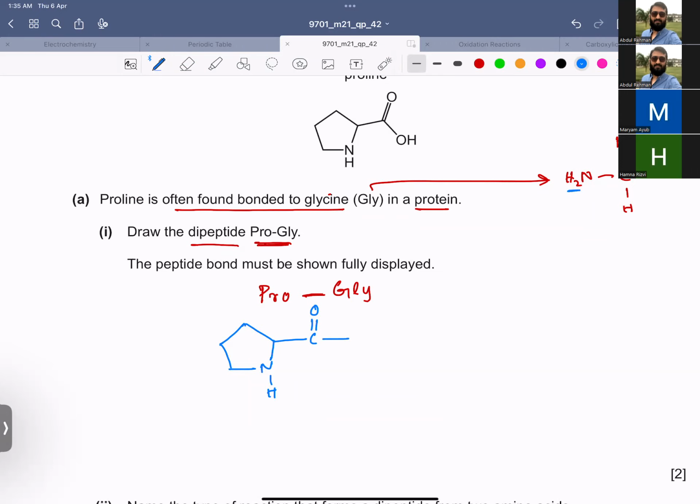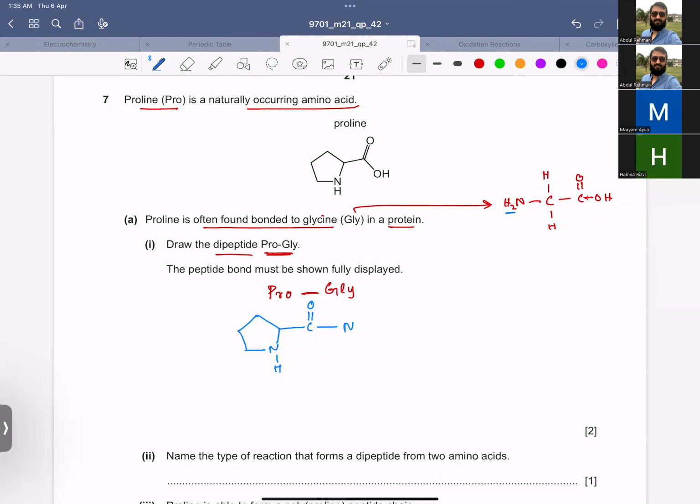And from this glycine, one hydrogen from the nitrogen is removed, and this nitrogen is bonded to the carbonyl carbon of the proline, and then you repeat the structure CH2, C double bond O, OH. So this is the division where both the amino acids are bonded. From here till here, this is proline, and from this NH till OH, this is glycine. Is this clear? Yes.